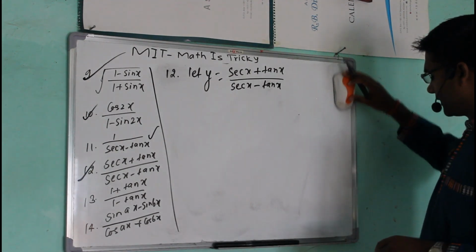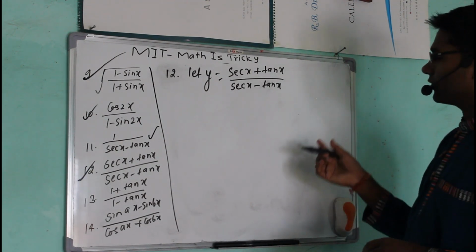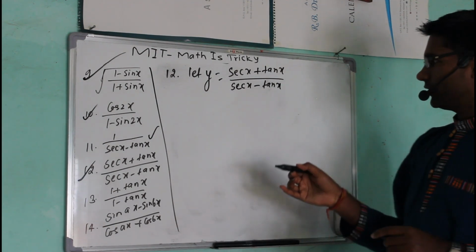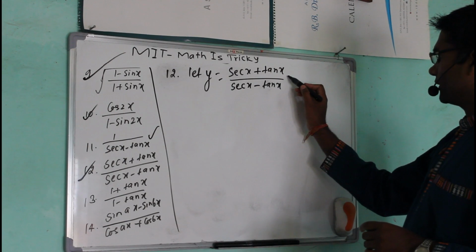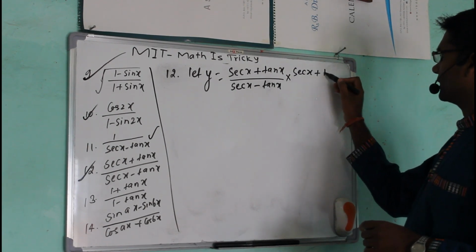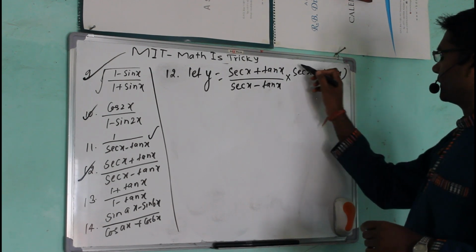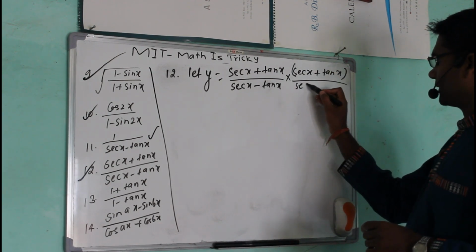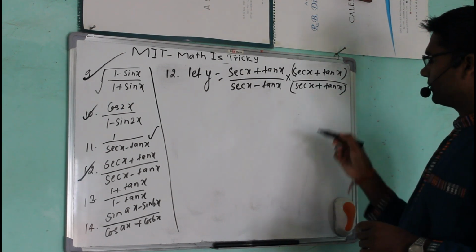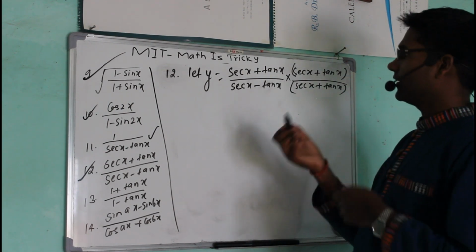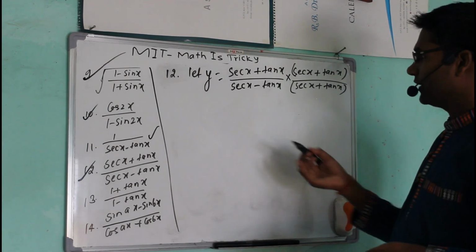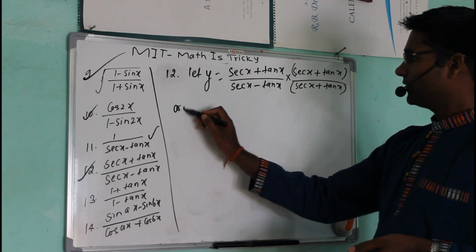Now let's rationalize the denominator, because then the denominator will be changed into 1 and there will be no more denominator. It will be easy also. So for sec x plus tan x, let's multiply up and down by sec x plus tan x. Always try to change it if it is in quotient form, so that we can remove the denominator.